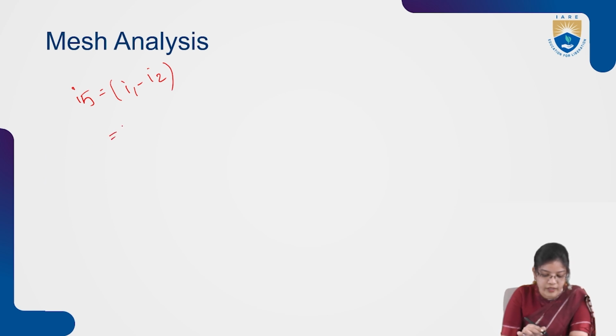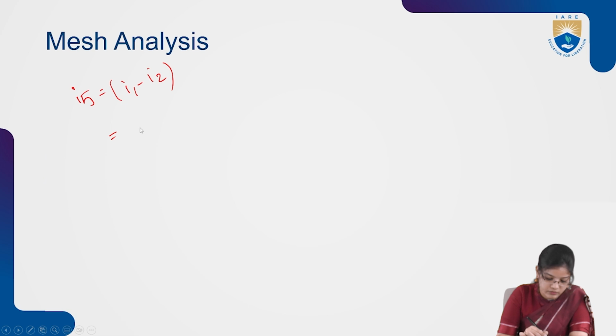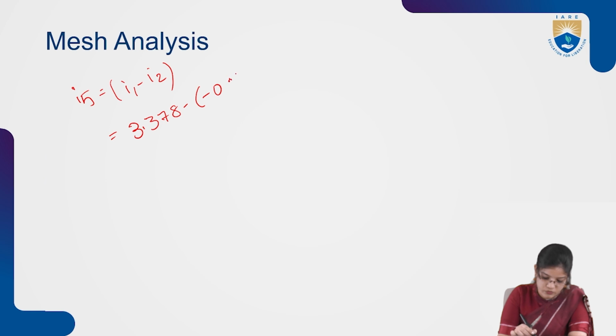So the value of I1 is 3.378 minus of minus 0.540.